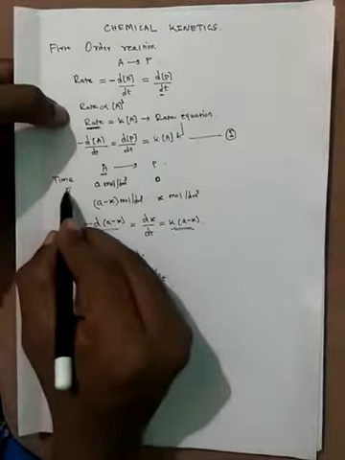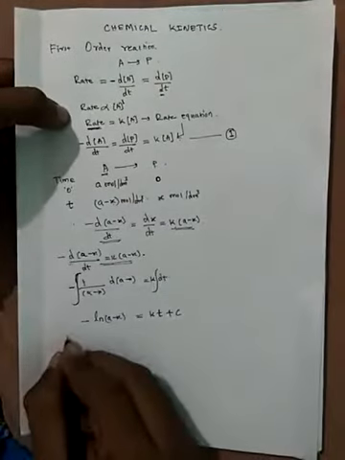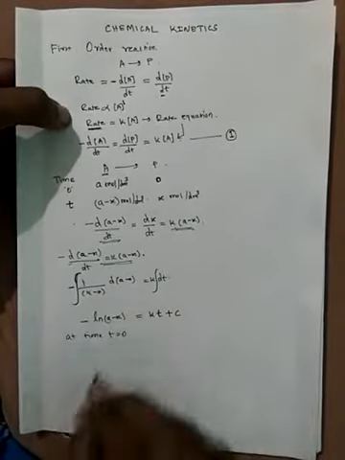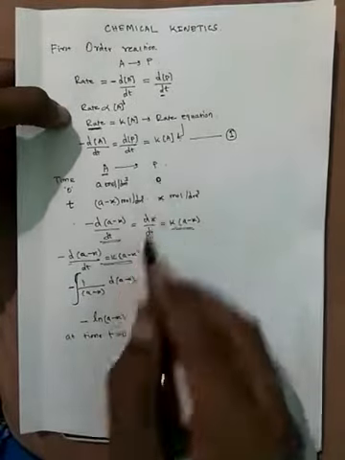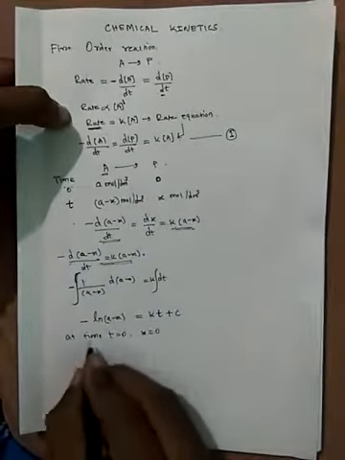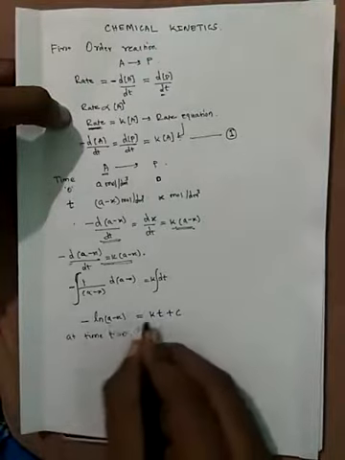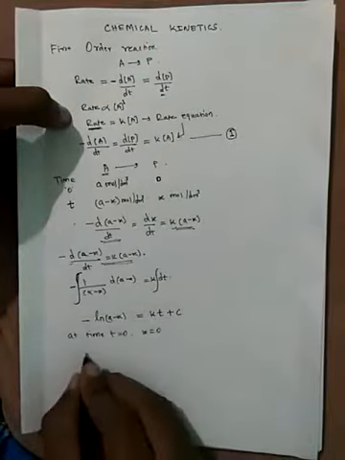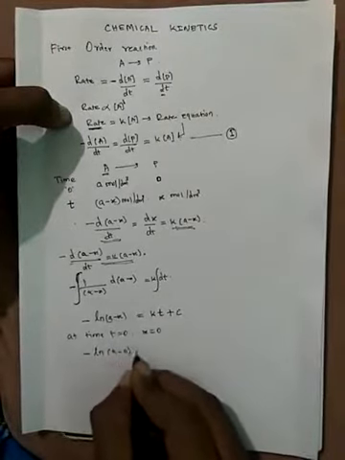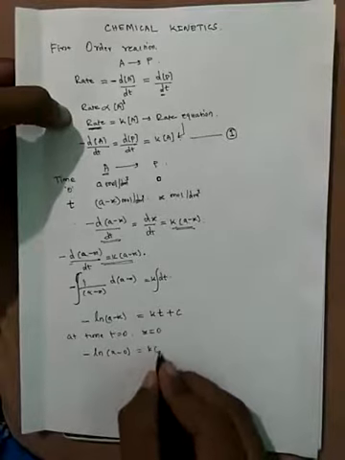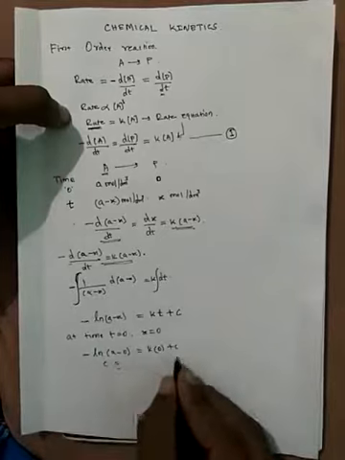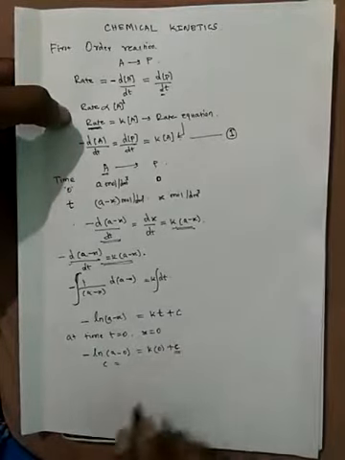I use this limit: at time t equal to 0, the product concentration x equal to 0. I use this limit in this equation. So minus logarithm A minus 0 equal to K times 0 plus C. So I determined the integration constant, C is the integration constant.